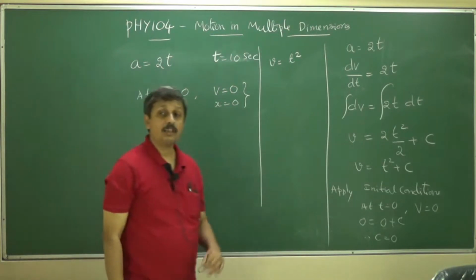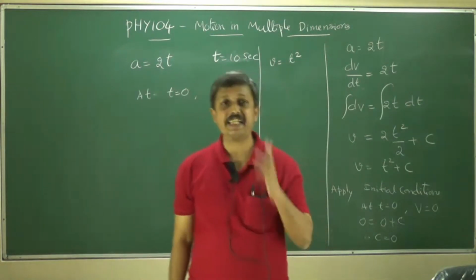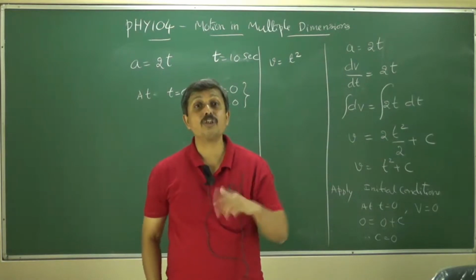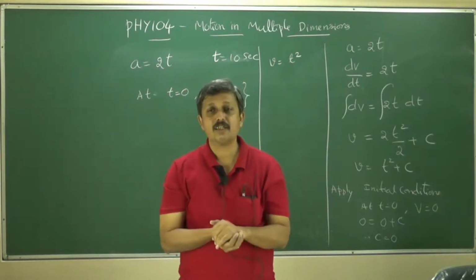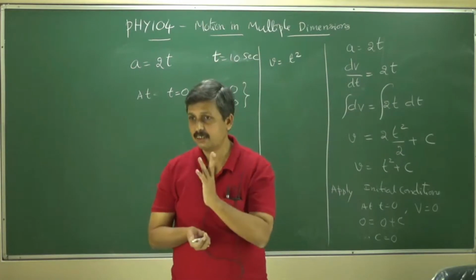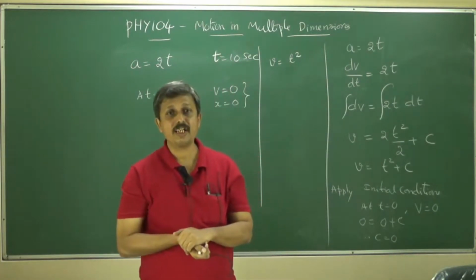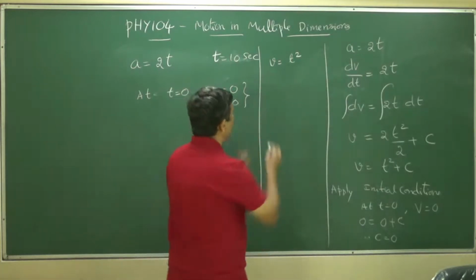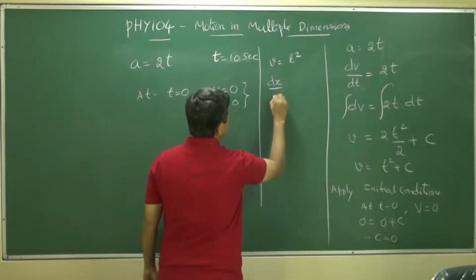So now once we got the velocity equation, now we get greedy. We want to find out the equation of the motion itself, which means how x is varying. So we want to find out the distance traveled, the displacement. So I will write it as dx by dt.